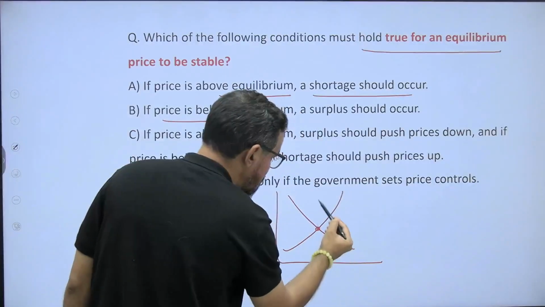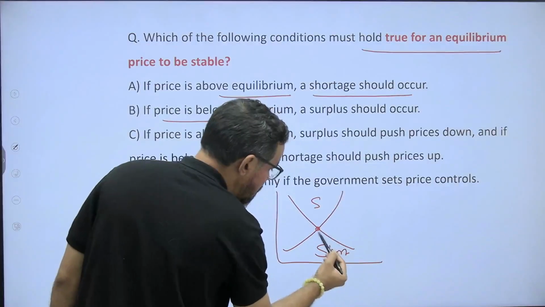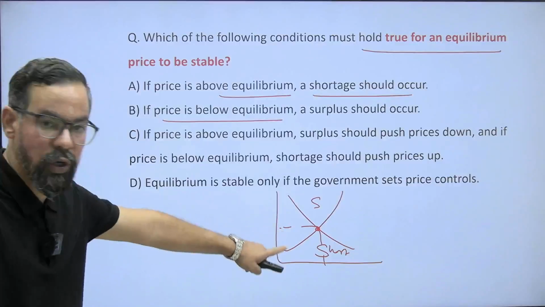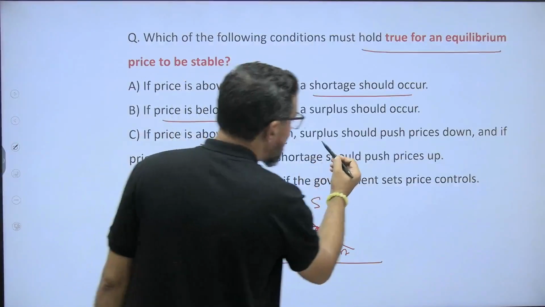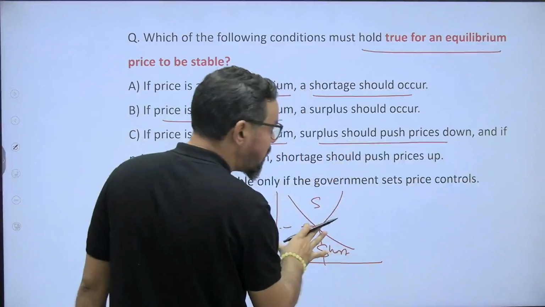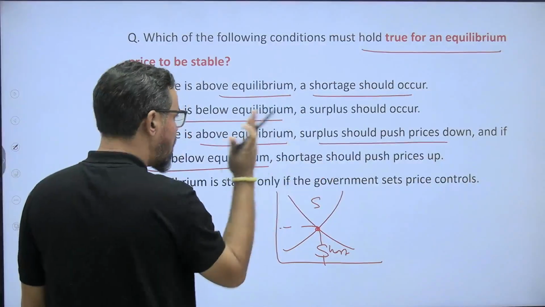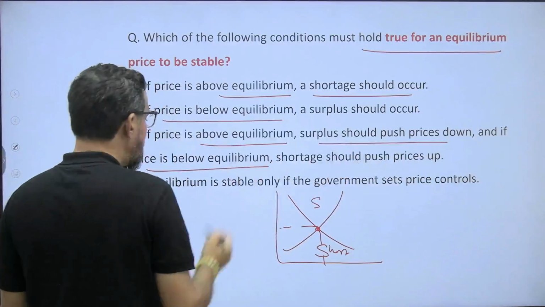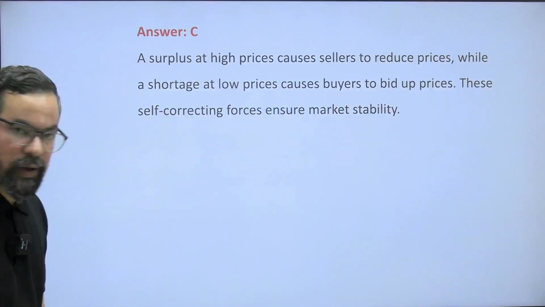This is your surplus and this is your shortage. This is the point where both are agreeing to buy or sell, the market price, right? If the price is above equilibrium, the surplus should push it down, yes. And if the price is below equilibrium, the shortage should push prices up. That is true. So option C will be the right answer for this one, right?